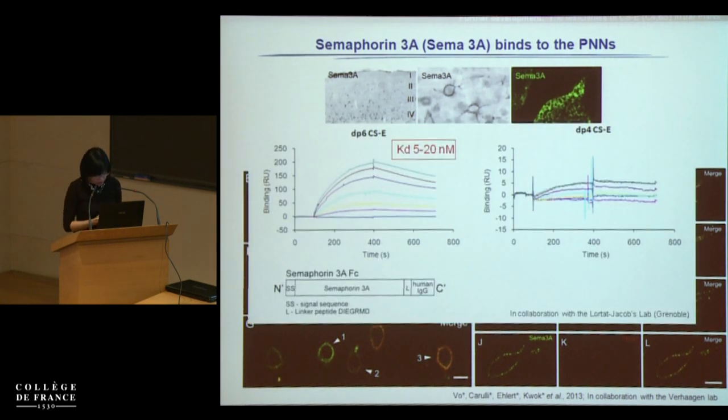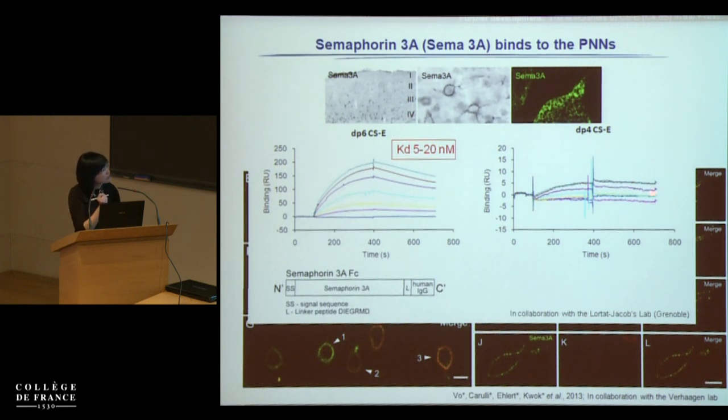And in collaboration with Kwok in Grenoble, we have also determined the binding of semaphorin 3A to CSE. What you are seeing here is a surface plasmon resonance experiment looking at the interactions of semaphorin 3A against different lengths of CSE. So this is 4 disaccharide against 6 disaccharide.